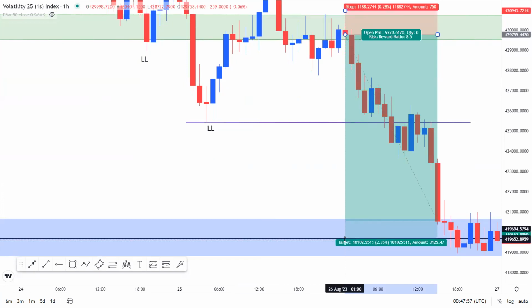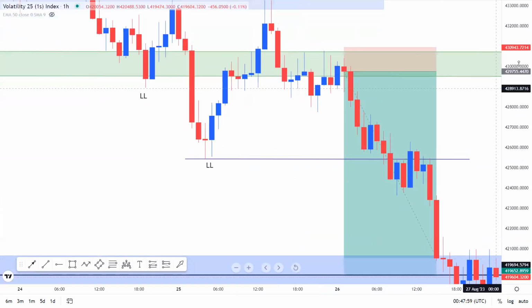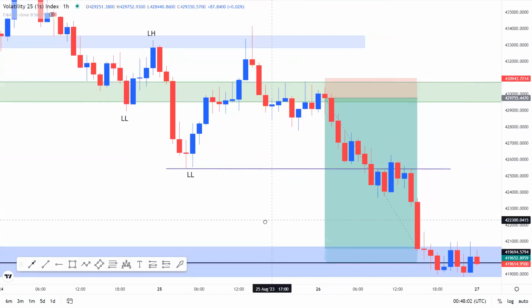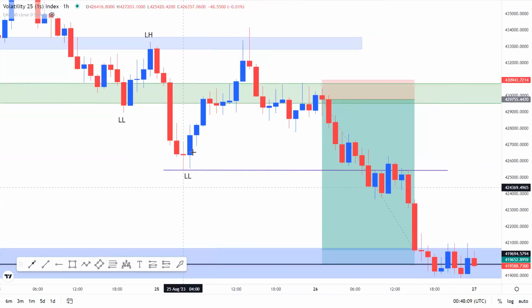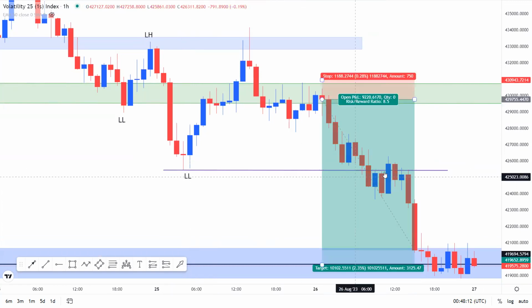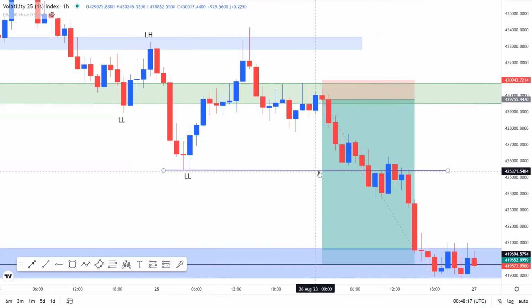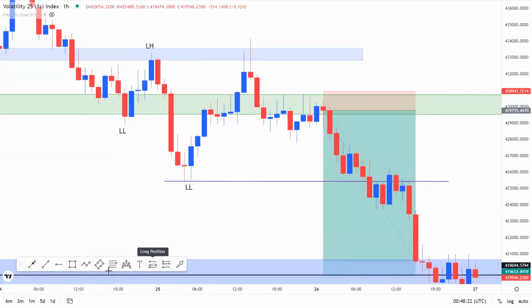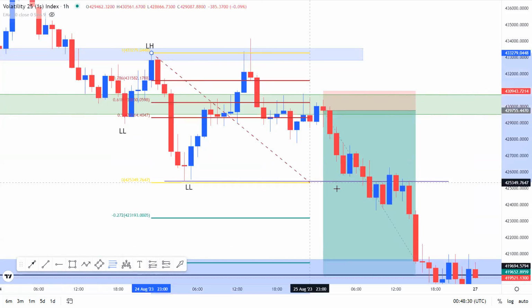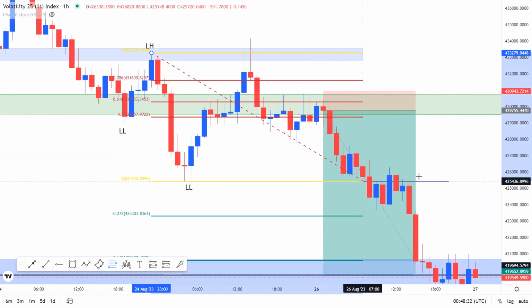Now, this is where I keep advising my mentees that once you want to identify take profit levels, firstly, the previous lows would be the first level to look for your first take profit. And then for other take profits, you want to make use of the Fibonacci retracement right about here, from this level to the most recent lower low.